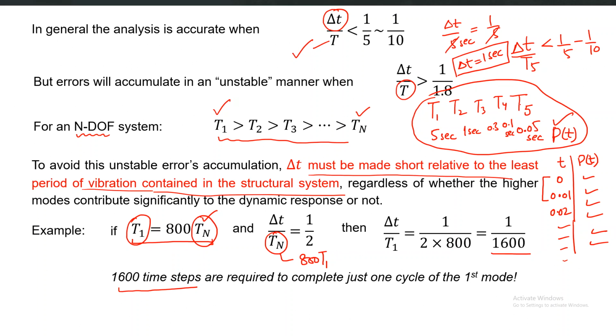So that's why you should use the shortest time period here in terms of T to select your delta T, so that you can capture the response of all the modes, and your delta T should be small enough to actually capture the response for all modes.